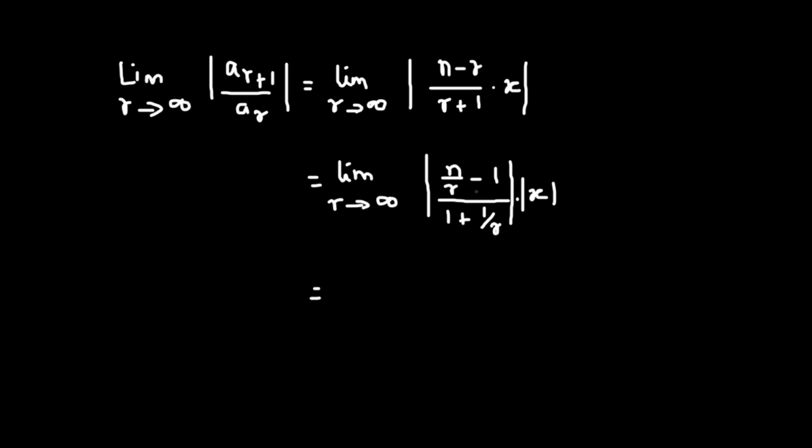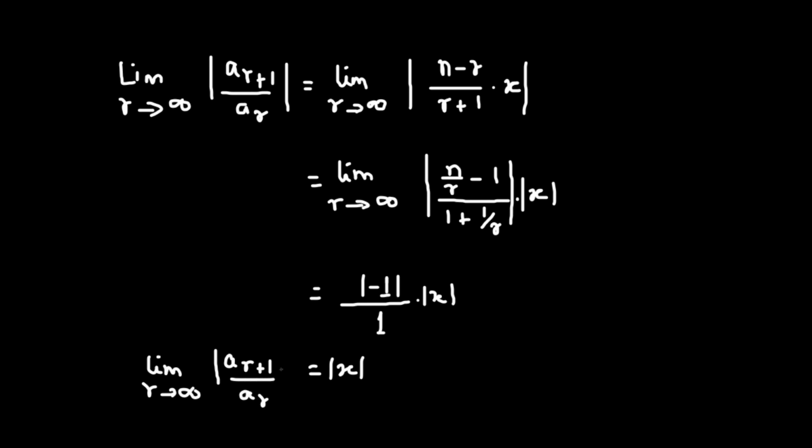So when we calculate the limit, we'll have n over infinity minus 1, so that leaves us with negative 1. The absolute value of negative 1 divided by 1 times the modulus of x is simply mod of x. So the limit as r goes to infinity of a_(r+1) divided by a_r is mod of x.